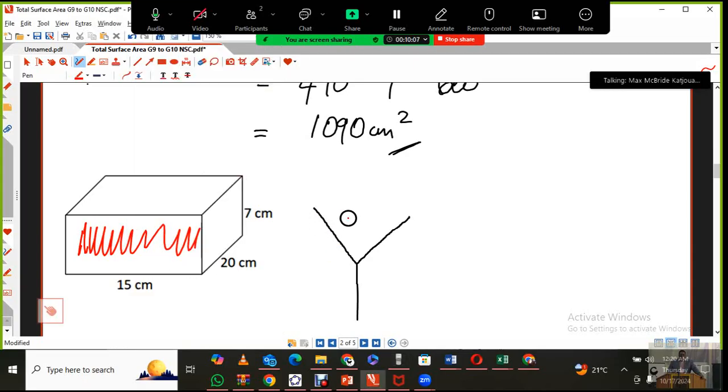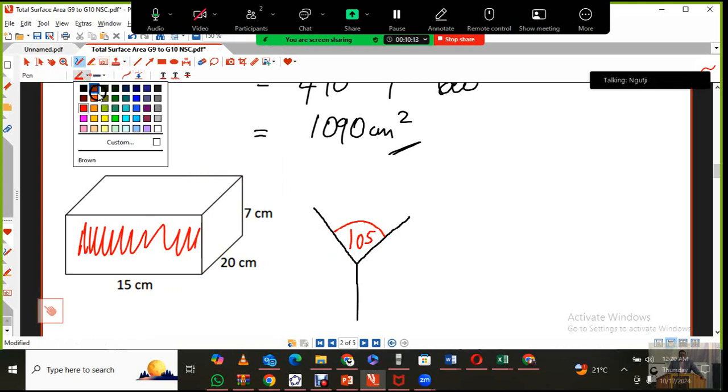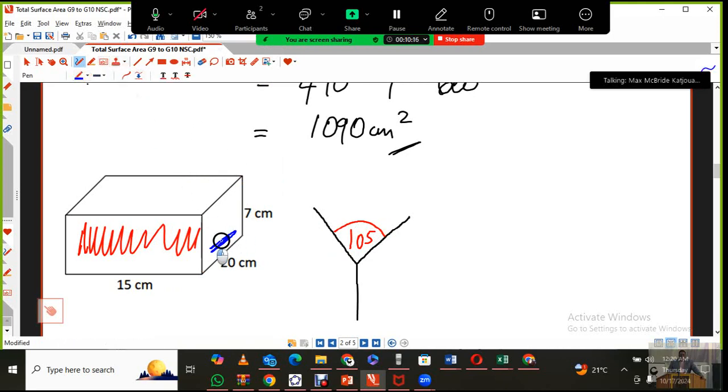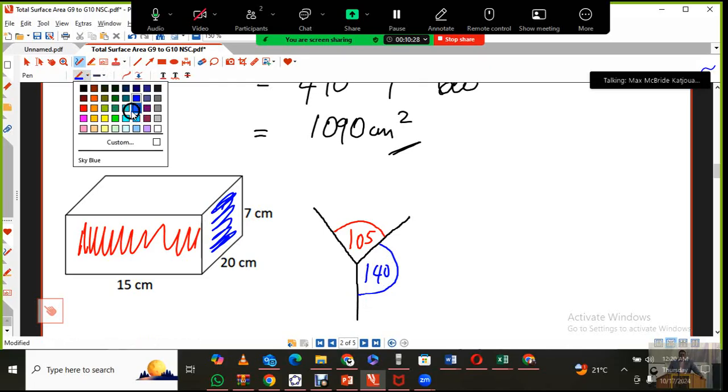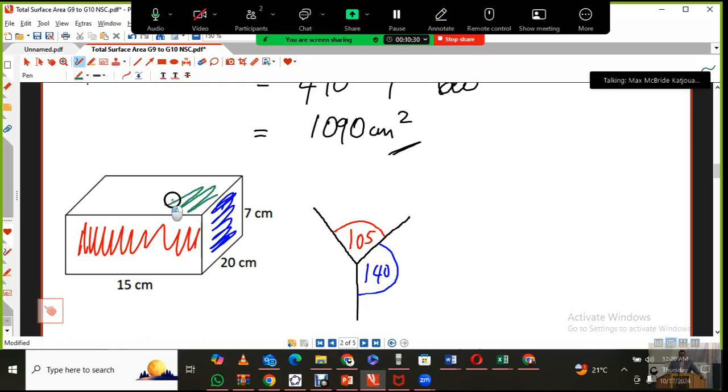Okay. So I'll write a 105 here. Are we together? Then I take the area of this rectangle. It's 20 times 7. You with me? 140. And that's 140. I'll write it here. Then I will take the area of this rectangle on top. It will be 15 times what?